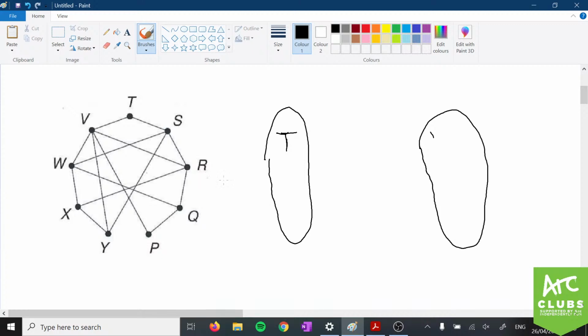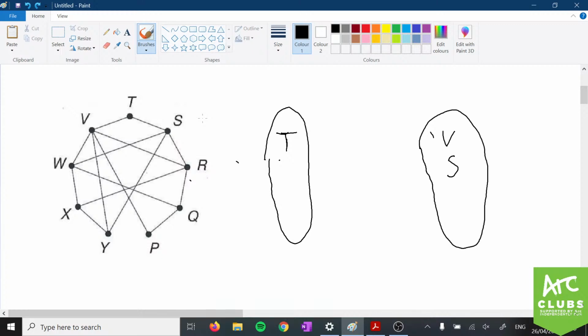And so if T is here, its neighbors cannot be in the same group, right? T is a neighbor to V and S, and so V and S must be in the second group. Otherwise, if V was in the same group as T, the edge won't be a bridge between the 2 groups.